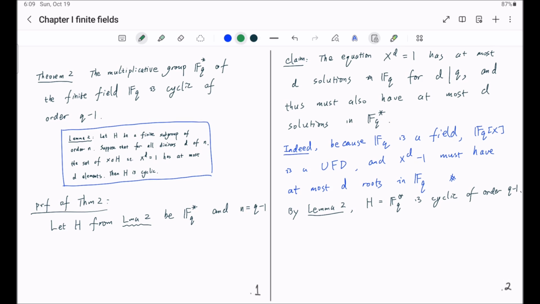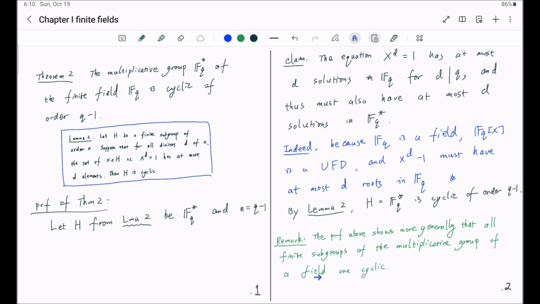Finally, I would like to make a remark here. Actually, our proof above shows something more general: that all finite subgroups of the multiplicative group of a field are cyclic. And this field does not even have to be finite. This is because if you go through our proof, we only use that F_q is a field to conclude that x to the d has at most d solutions in this field.